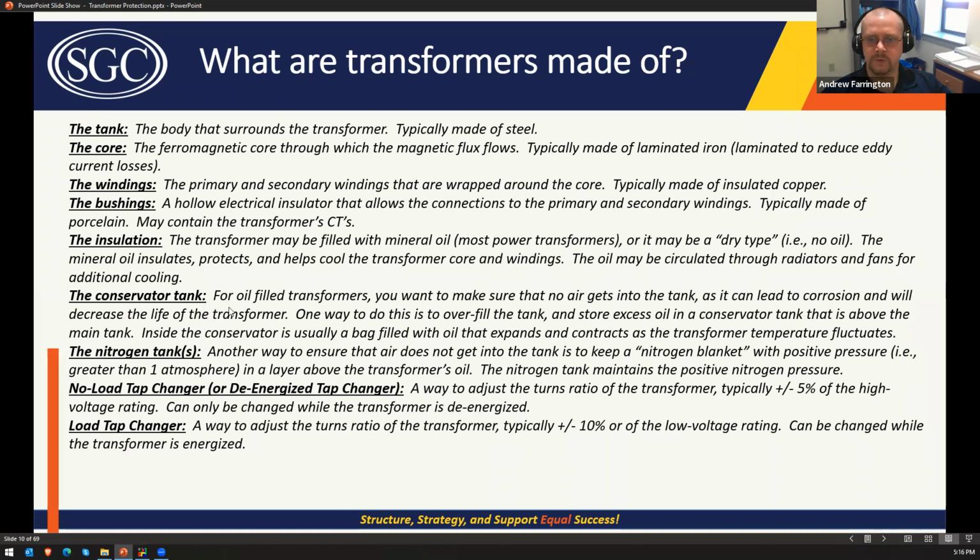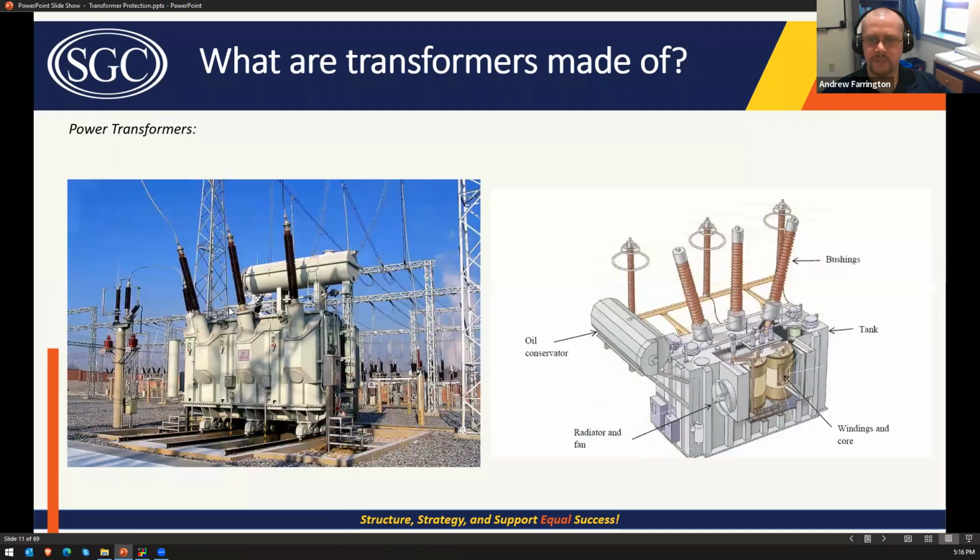The conservator tank, I've seen more and more of these in recent years. I don't know if that's just because my primary client has changed to conservator tank based transformers. Most of them used to be nitrogen blanket filled. We'll talk about that a little bit, but I've seen more and more conservator tank transformers. So this part here is called the conservator tank.